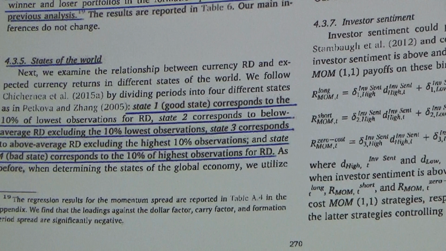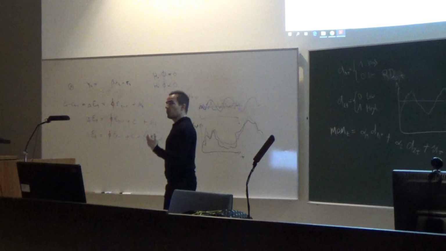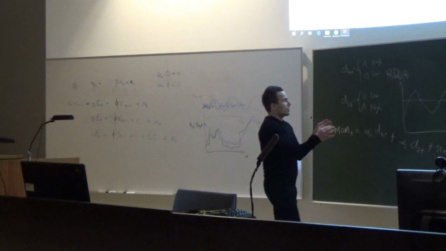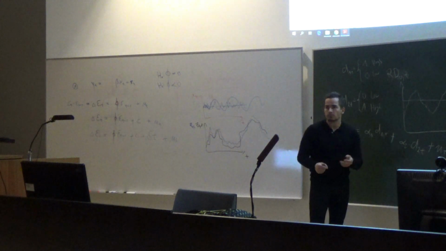Which is actually a good thing, because it tells us that this momentum strategy implemented in currencies behaves like insurance. It has insurance-like payoffs, because when the economy sucks, we earn more money than if the economy were in a good state.